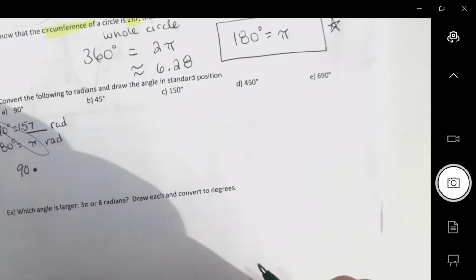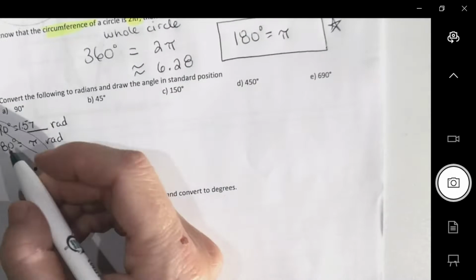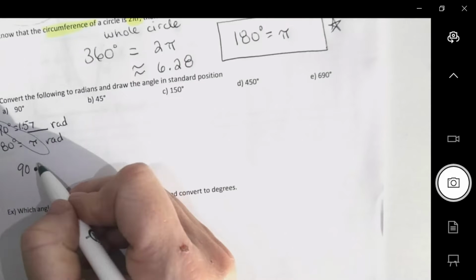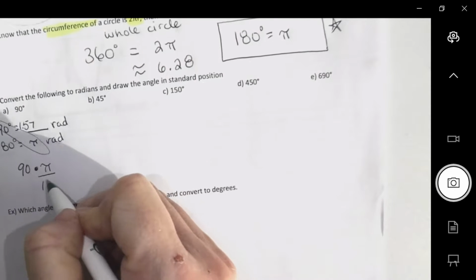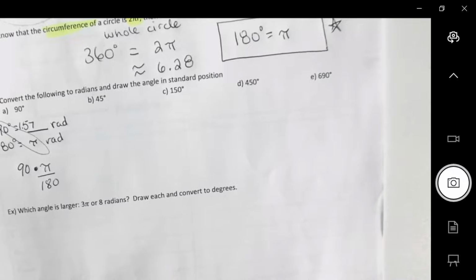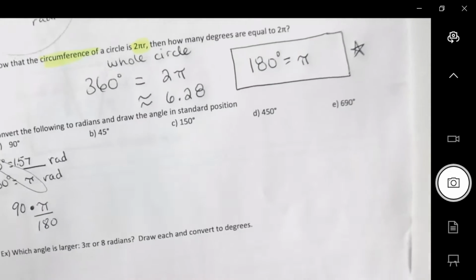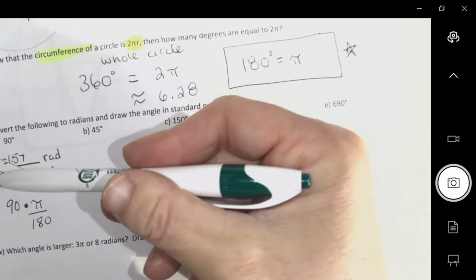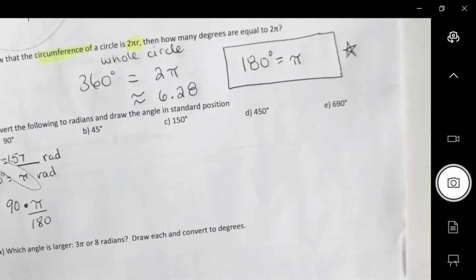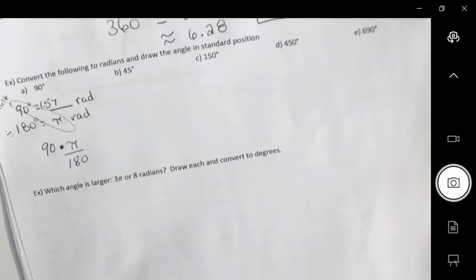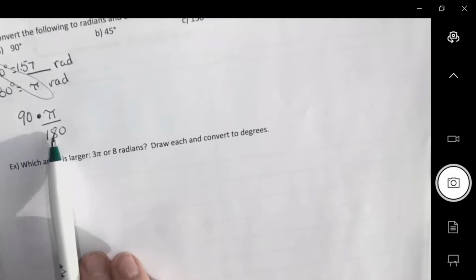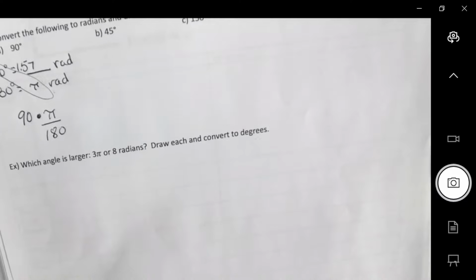Okay, I'm not sure if your books and your papers will ever do this, but this is what I also did. I did 90 and I times it by pi, and then I divided it by 180, right? That's what you told me to do, to cross multiply, and then divide by 180. Does anybody know what to do in math with that 90 and that 180 in a fraction like that? What could you do? You could reduce, right?